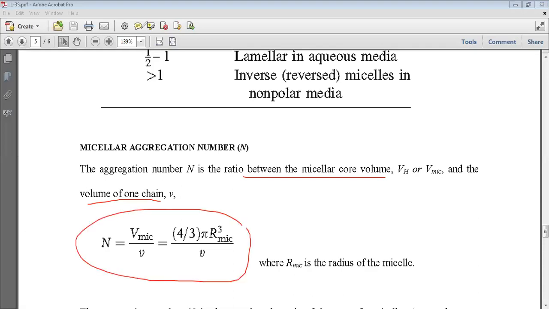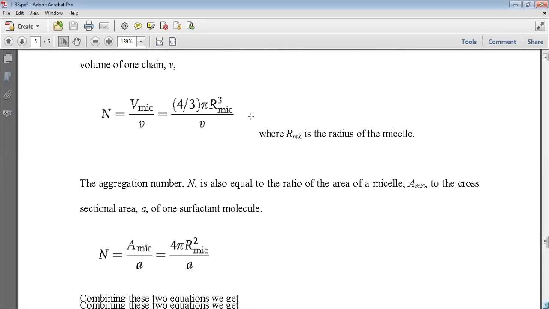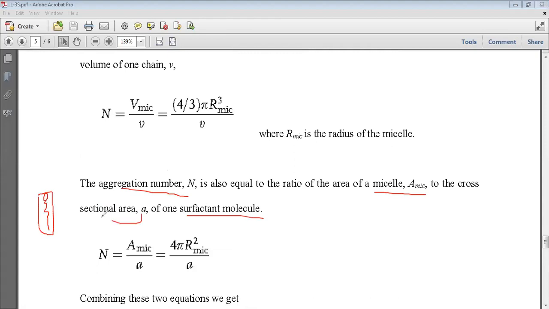Next, we will see that this aggregation number is also related by another expression. The aggregation number N is also equal to the area of a micelle, represented by A_mic, to the cross-sectional area of one surfactant molecule. Now you have to take the whole molecule; its area will be represented by a, and A will be the total area of the micelle.